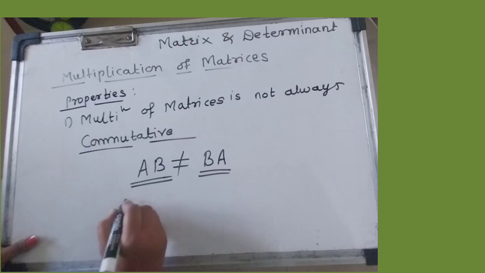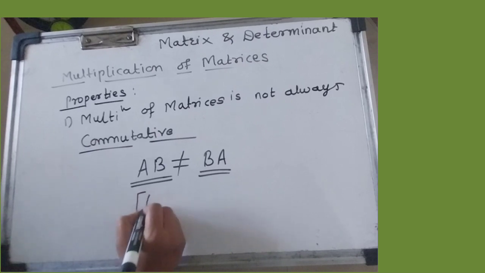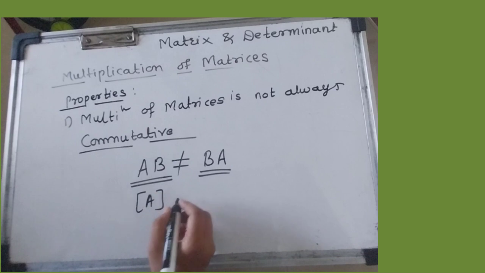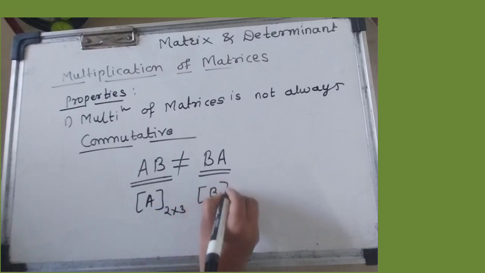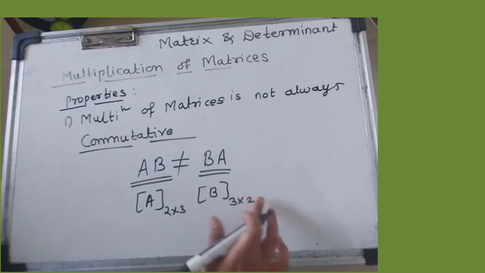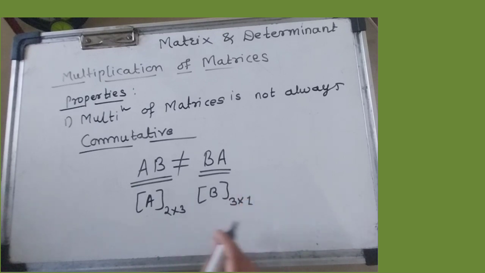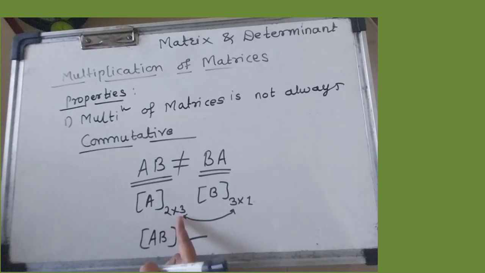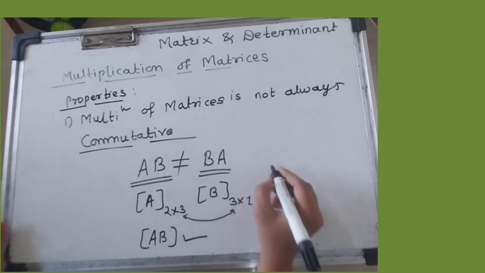See, if I take A matrix of order 2 by 3 and B matrix of order 3 by 1. Okay. See, the product is possible, means AB is possible here. Because the number of columns of the first matrix is equal to the number of rows of the second matrix. So AB is possible. What about BA?